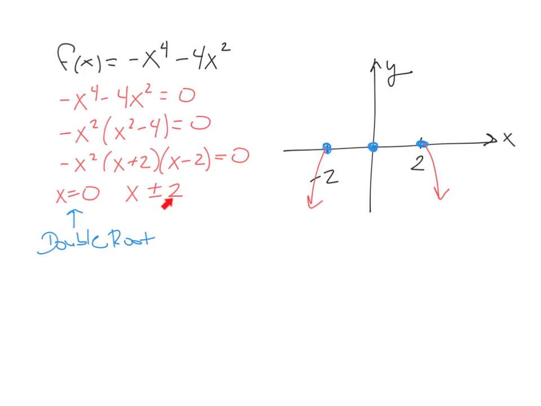Now at positive and negative 2, we have a single root. So that means that our graph has to just pass through to the other side of the x-axis at plus or minus 2, but x equals 0 is a double root. So that means that we're going to intersect the x-axis, but not pass through, bounce back up, and create another local maximum there. And that is approximately what the graph of f of x looks like.